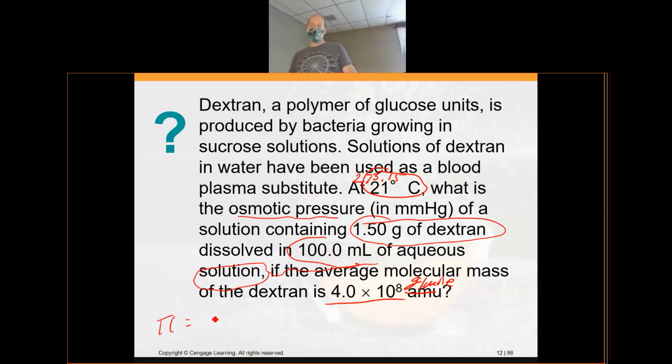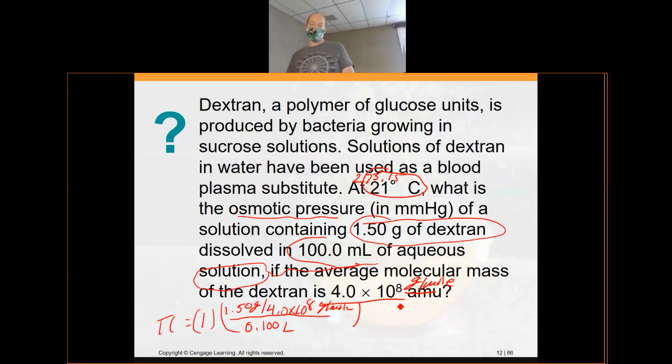pi is equal to i, and this is a molecular compound, dextran is not sodium chloride, so i is 1. Then we need moles per liter. To get moles, we take our 1.50 grams divided by the molar mass of 4.0 times 10 to the 8th grams per mole, per liter of solution, and this is 0.1.